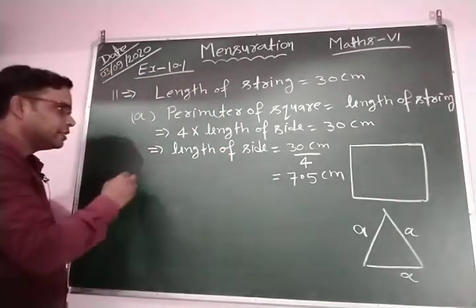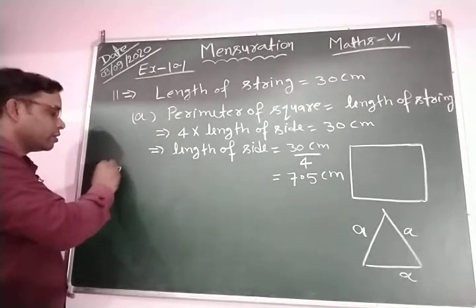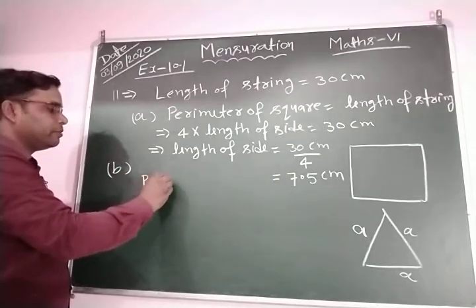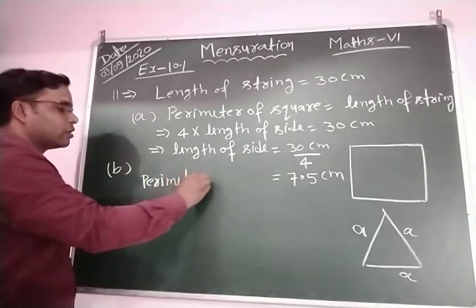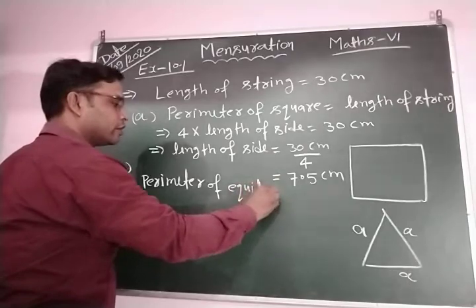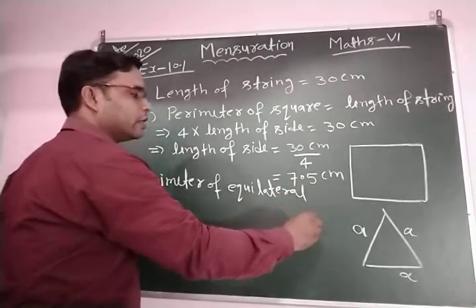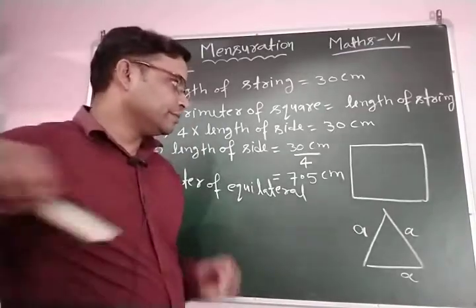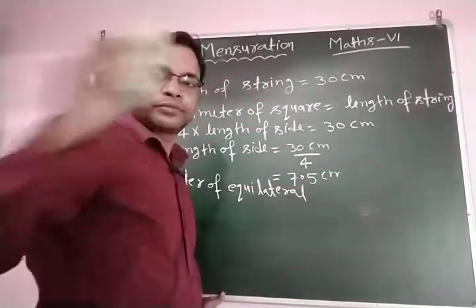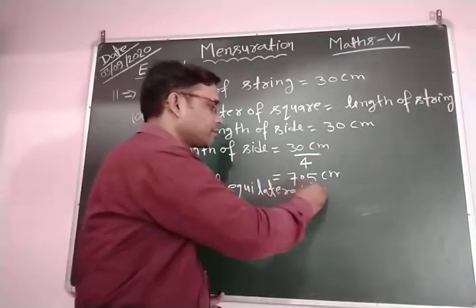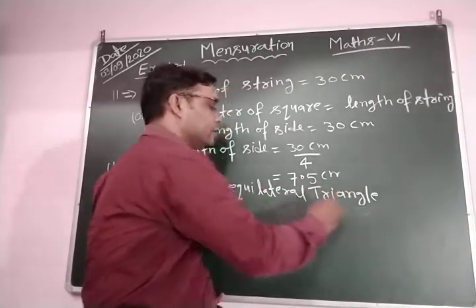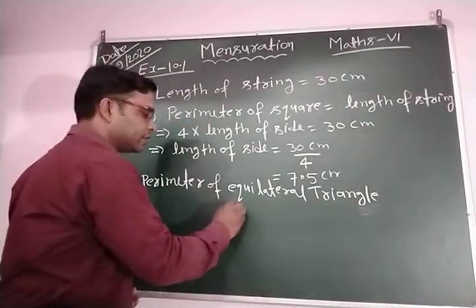Okay, so here we write, this is B part, perimeter of equilateral triangle is equal to length of string.